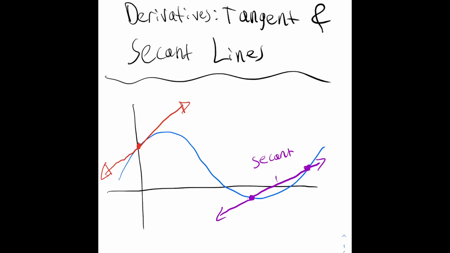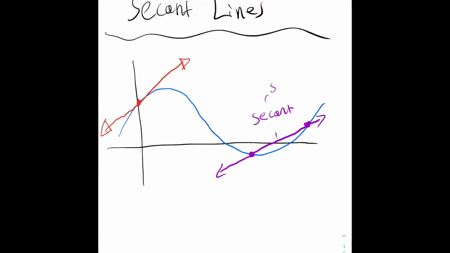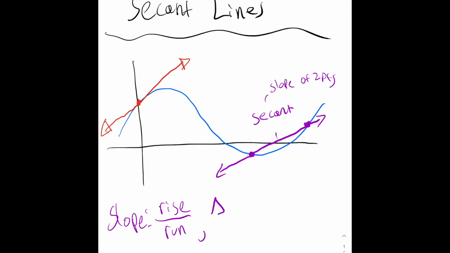So in order to find a secant, what you're looking for is the slope of 2 points. And we've talked a lot about slope, okay? Slope, growing up when you were younger, was described as rise over run. And then you might have described it as the change in y over the change in x. That's what this triangle means.